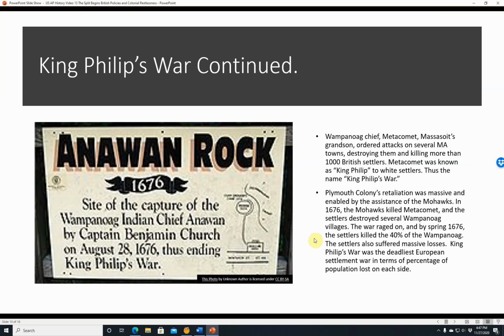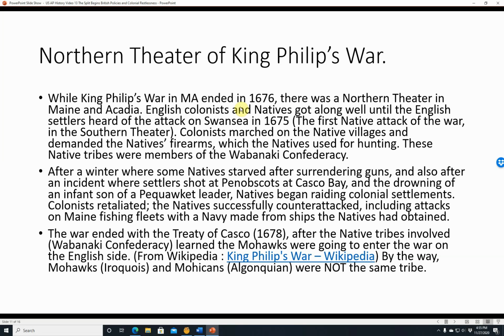So let's take a look at the northern theater. So this was the southern theater. Northern Theater of King Philip's War. While King Philip's War in Massachusetts ended in 1676, there was a northern theater in Maine and Acadia. The English colonists and natives got along well until the English settlers heard of the attack on Swansea in 1675, which was the first native attack of the war in the southern theater.